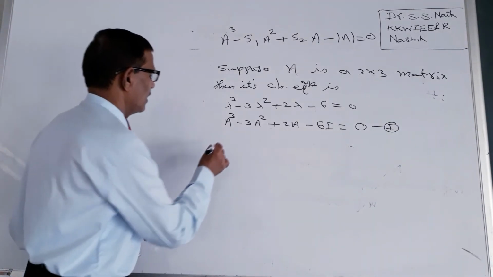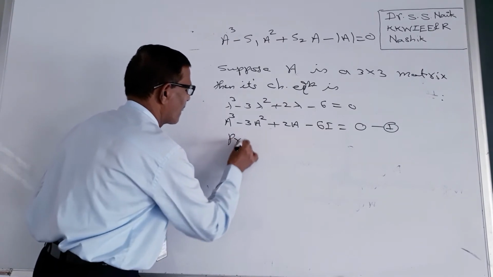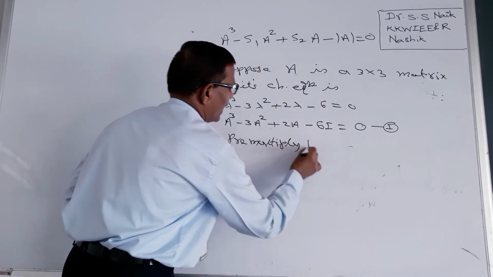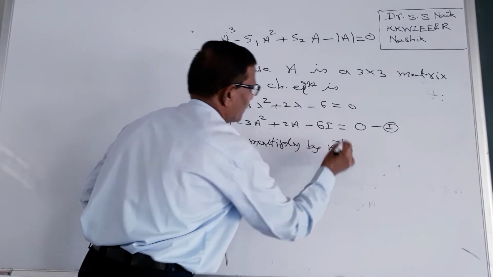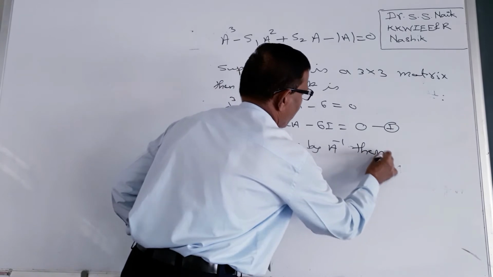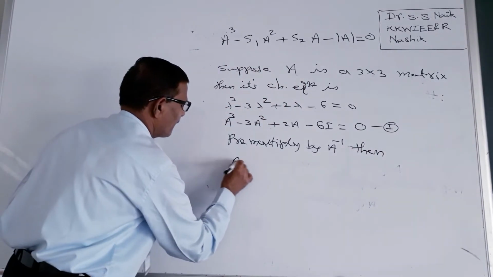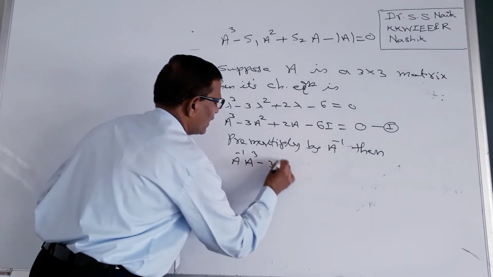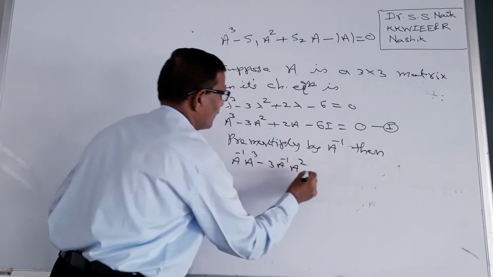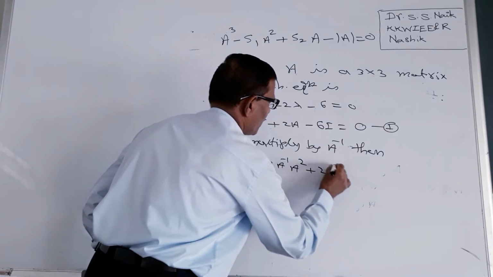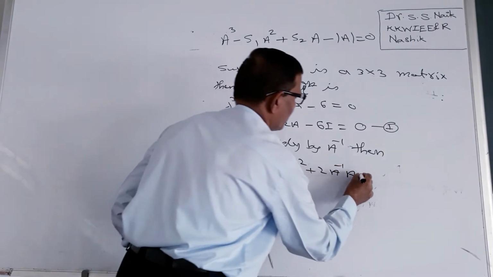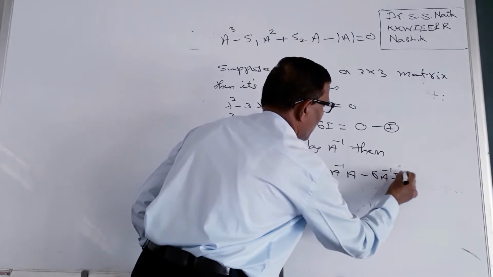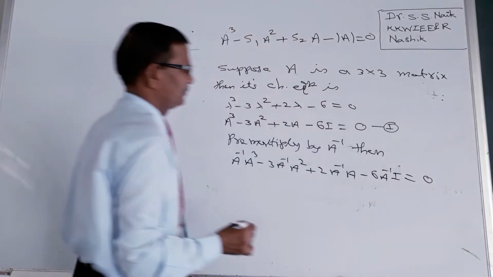Pre-multiplying by A inverse, we get A inverse A cube minus 3 A inverse A square plus 2 A inverse A minus 6 A inverse I is equal to 0.